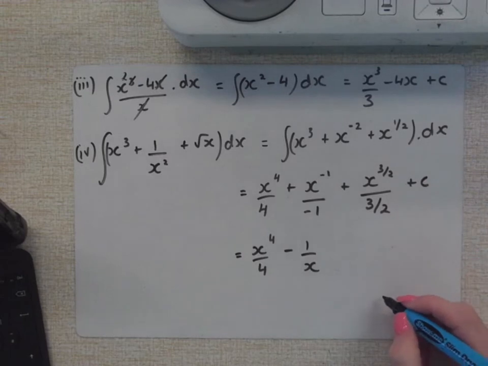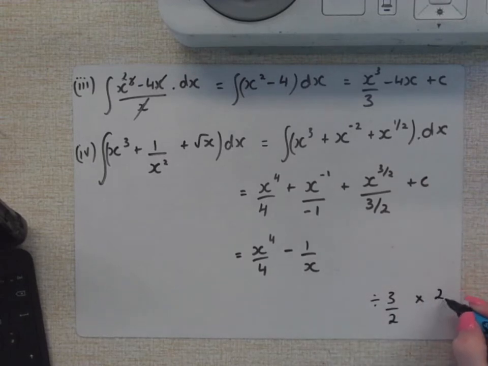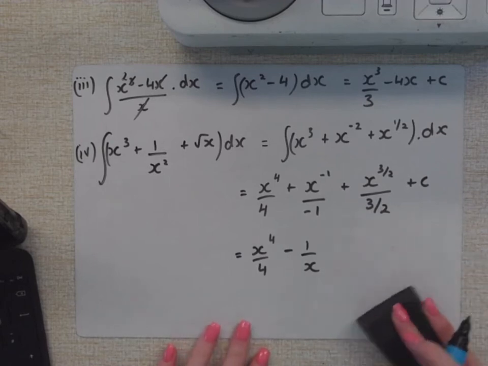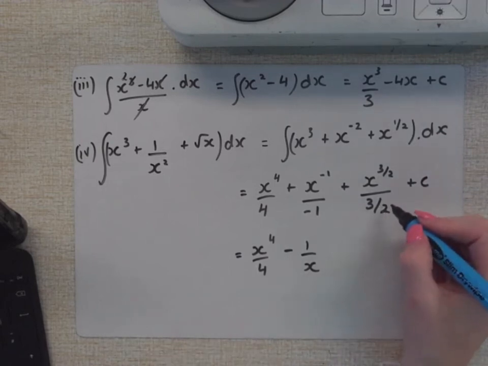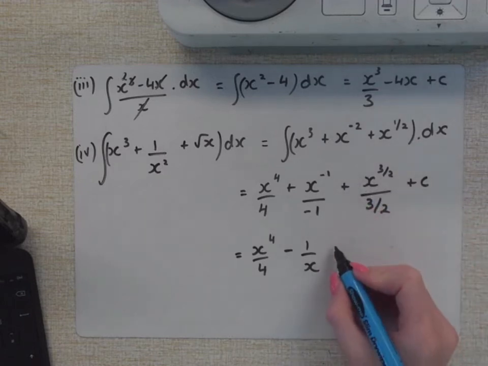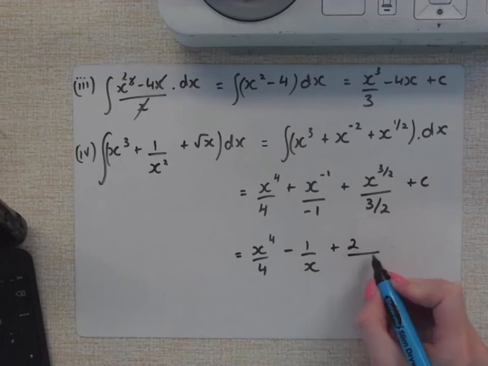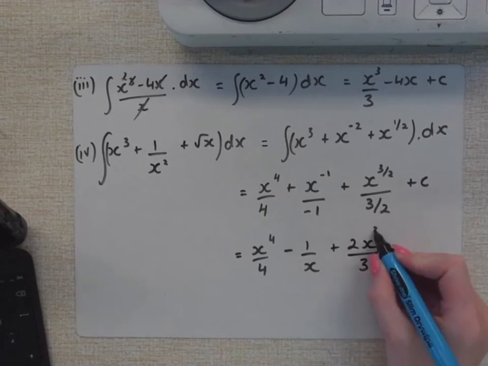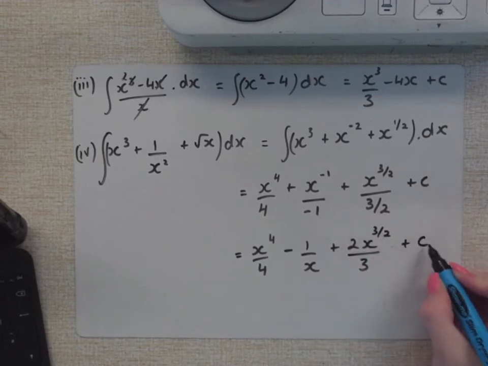You're dividing by 3 over 2, so that's the same as multiplying by 2 over 3. You turn your fraction upside down and multiply. So divided by 3 and multiplied by 2. So I get 2 over 3 x to the power of 3 over 2, and you can leave that plus c.